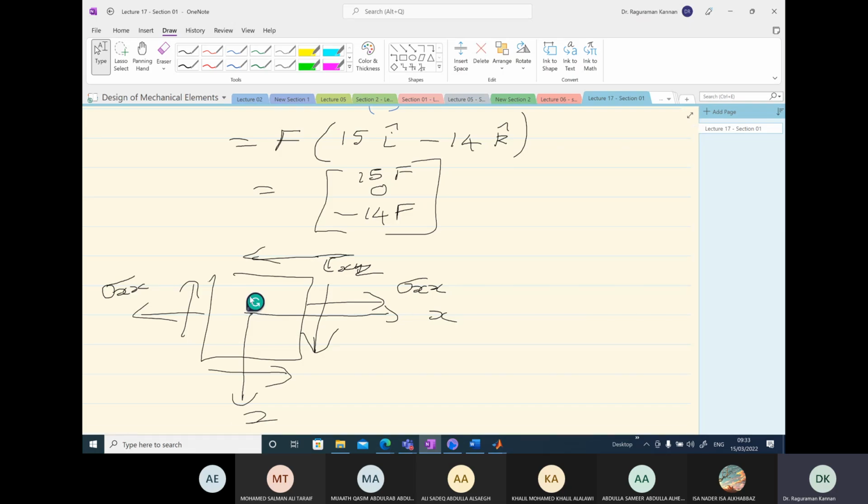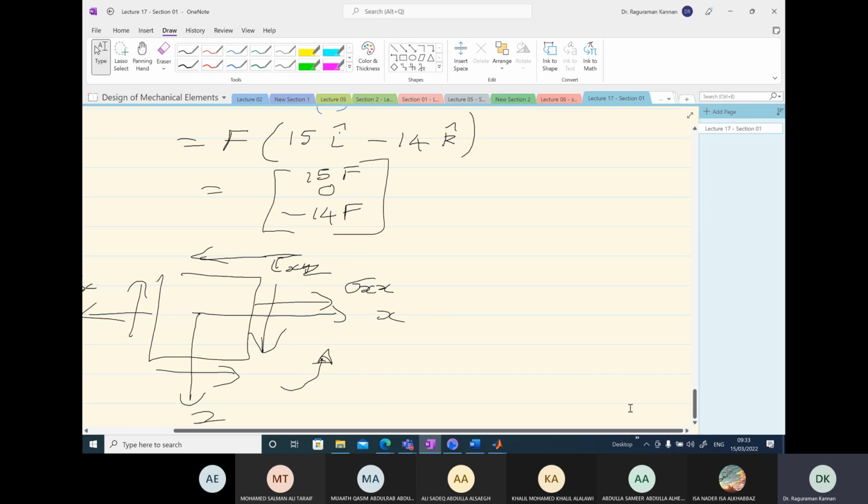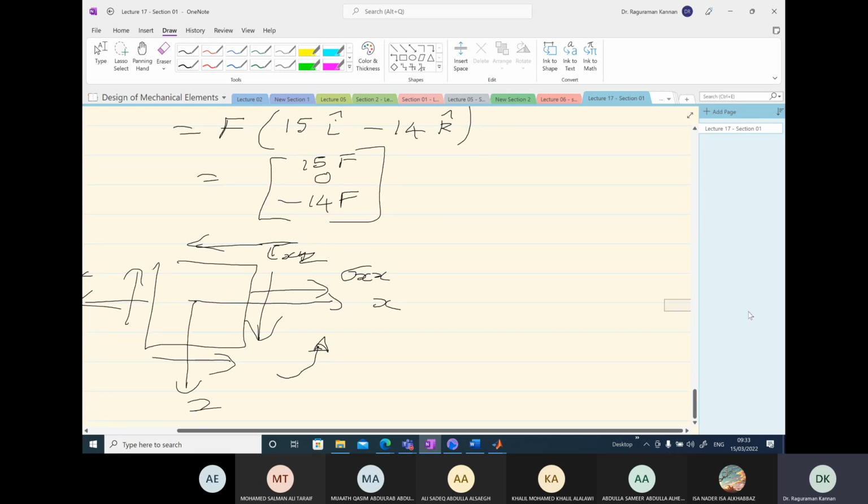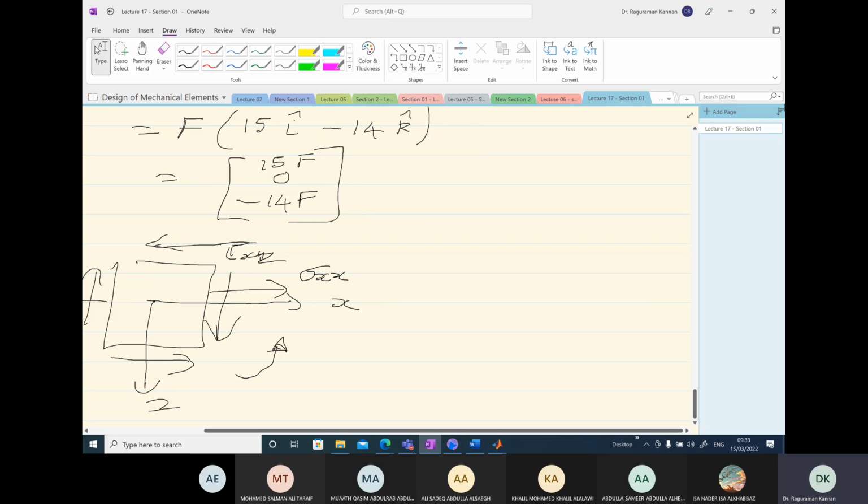Now, since the x and z axes are located in this way, it is a little bit problematic to draw our Mohr circle. So what I'm going to do is draw the same stress element in a slightly different way by rotating it by 90 degrees in the anti-clockwise direction. That will help us draw the Mohr circle in a more sensible manner according to our sign conventions. So let's redraw our stress element. Rotating by 90 degrees, this is what I'm going to get, x and z.